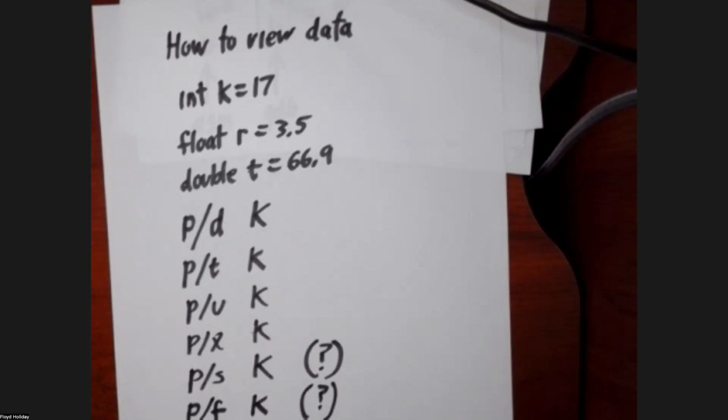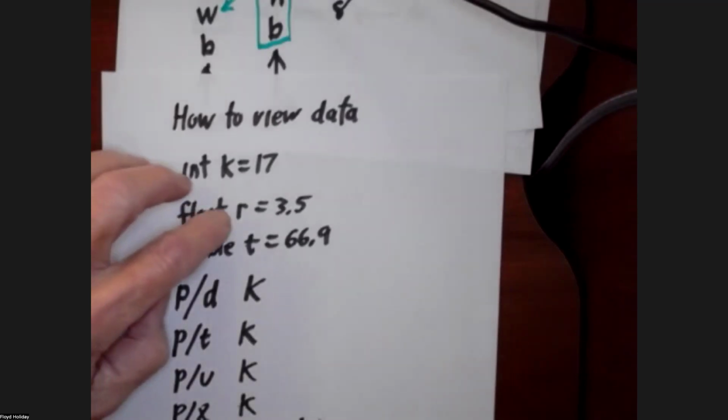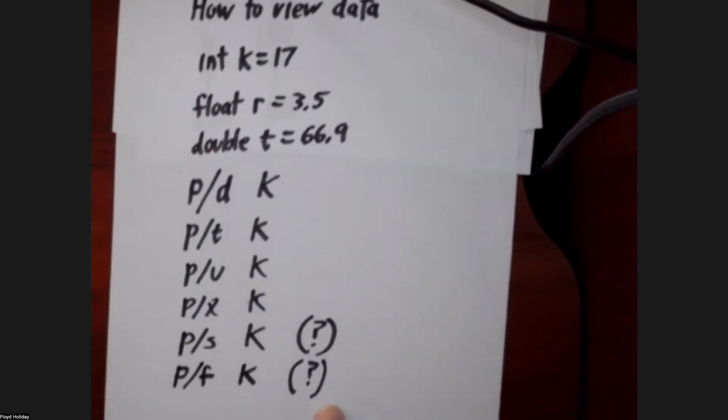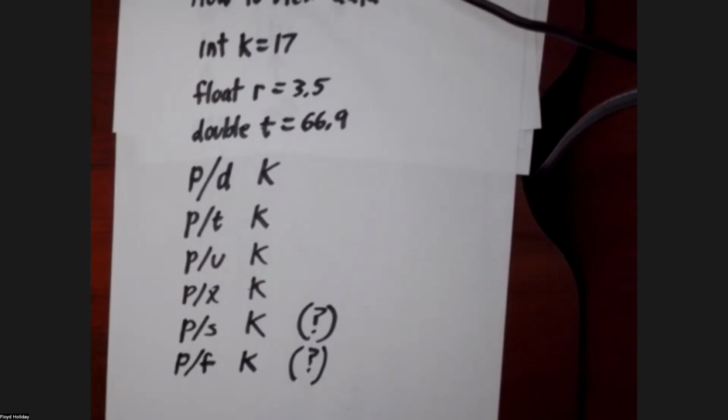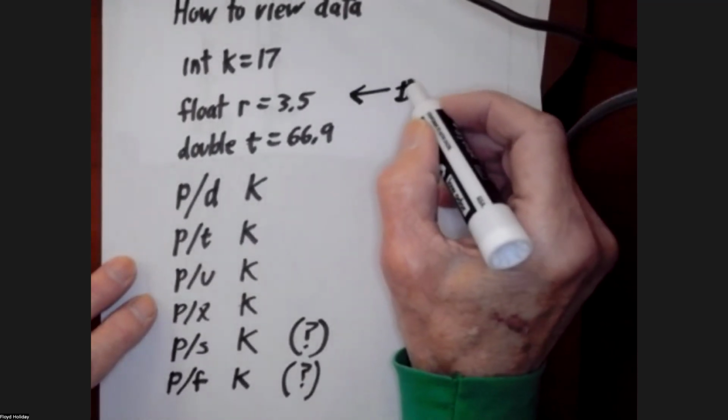What about R equals 3.5? It is intended to be viewed as a float number because internally this is IEEE stuff.